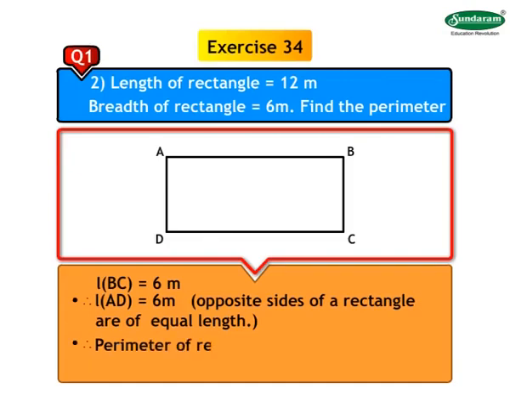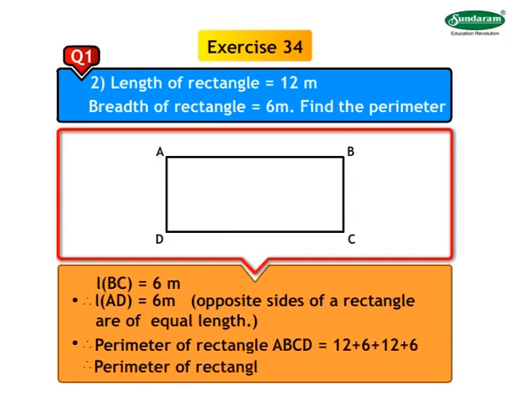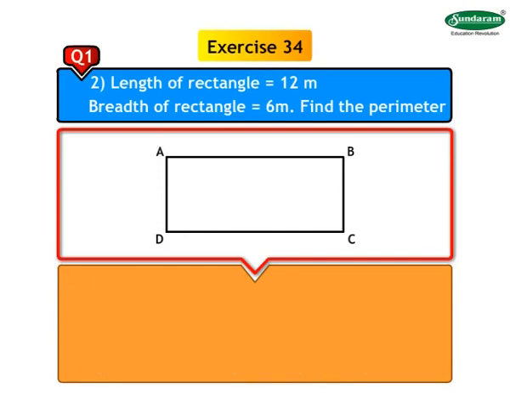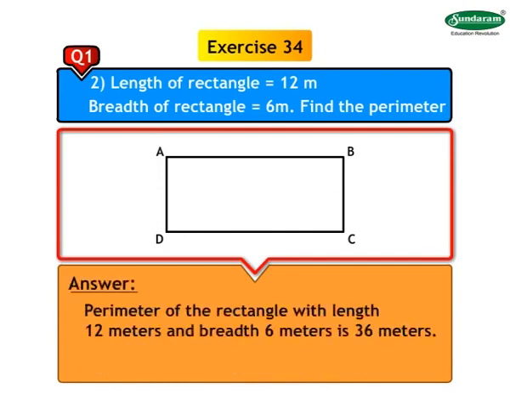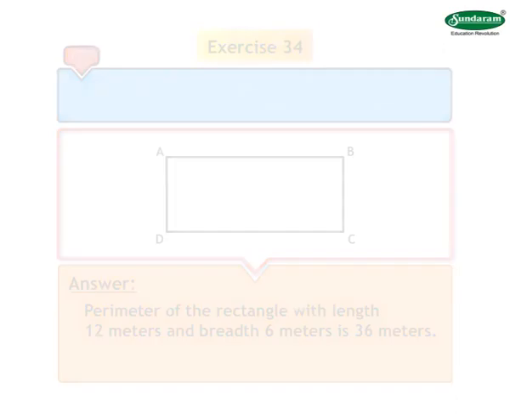Therefore, perimeter of the rectangle ABCD is equal to 12 plus 6 plus 12 plus 6. Perimeter of the rectangle ABCD is equal to 36 meters. Answer. Perimeter of the rectangle with length 12 meters and breadth 6 meters is 36 meters.